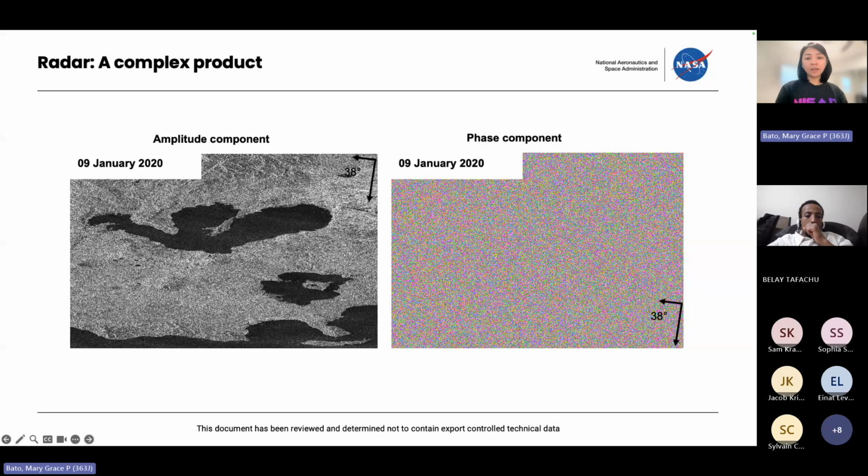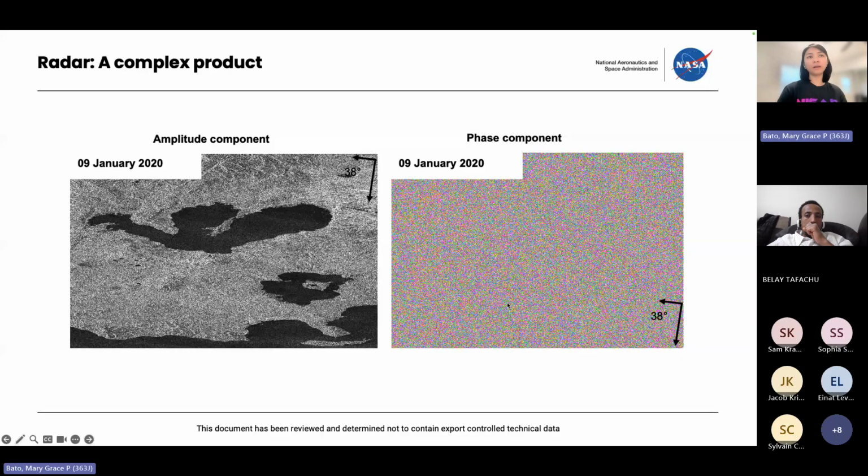And here on the left, you can see what we see as the amplitude. And on the right, you can see the phase. So the amplitude is basically the backscattered energy of the emitted wave. But if you just look at the phase component of one radar data, it's just like nothing. It's just noise and stuff.